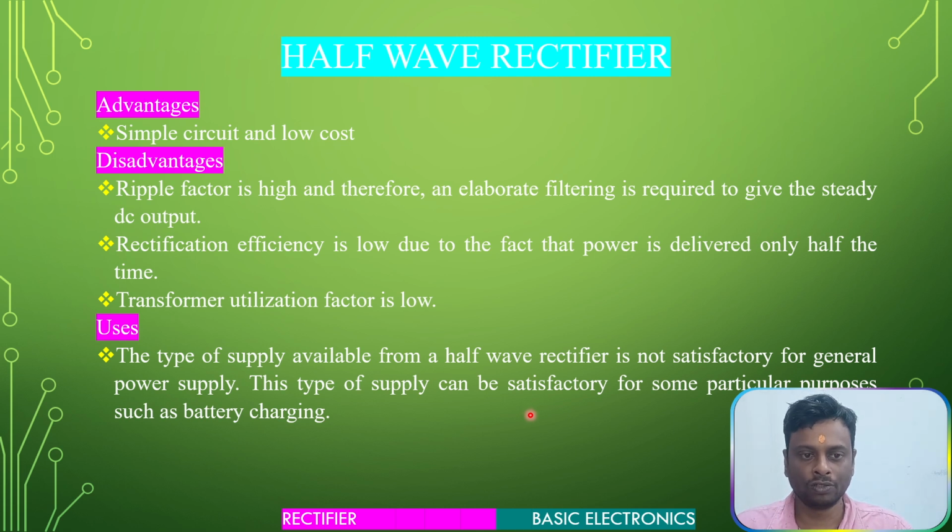Then we saw the form factor, ripple factor, the efficiency of the rectifier, and the transformer utilization factor. So that's it for the half wave rectifier. In the next lecture, we'll see some problems on the half wave rectifier, then we'll move to the full wave rectifier.